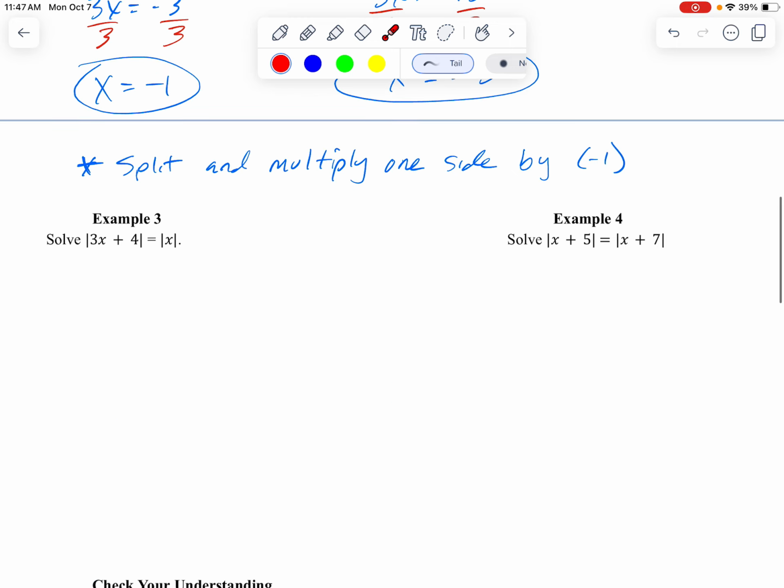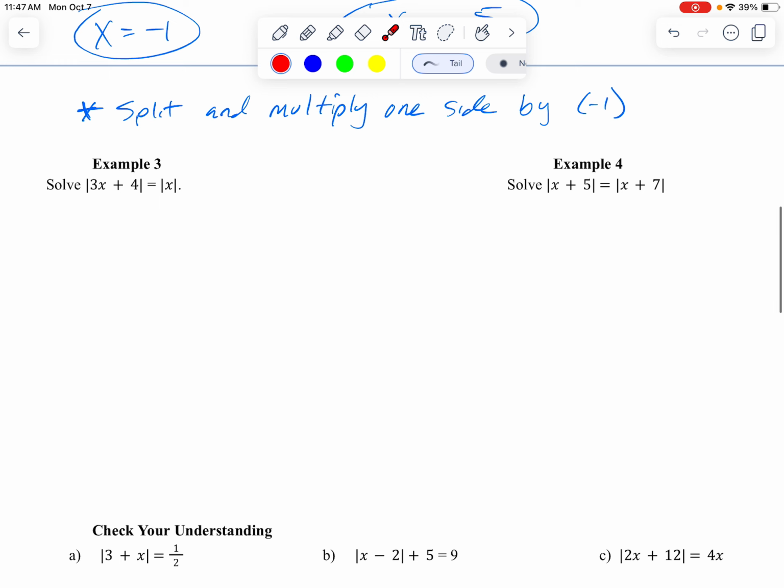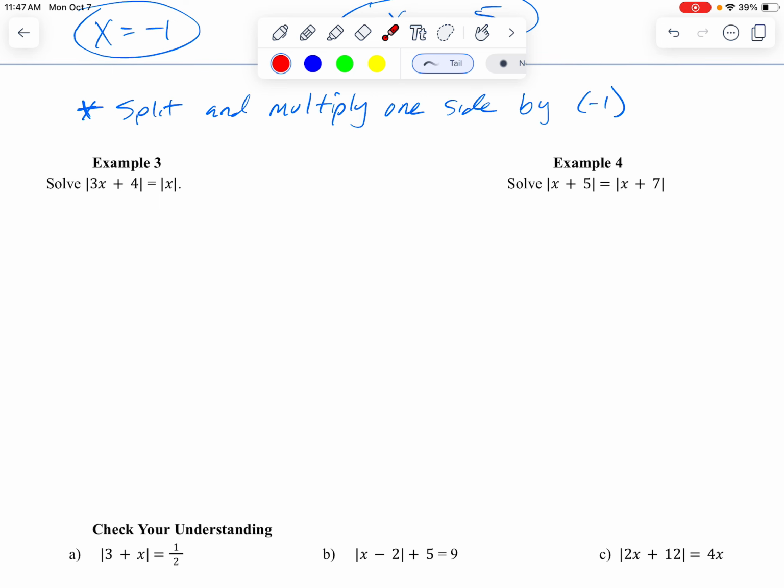Okay. Moving on. We may end up with absolute values on both sides, right? Absolute value equals absolute value. We basically handle this exactly like we did the other stuff. I'm going to split my equations and then multiply by -1.